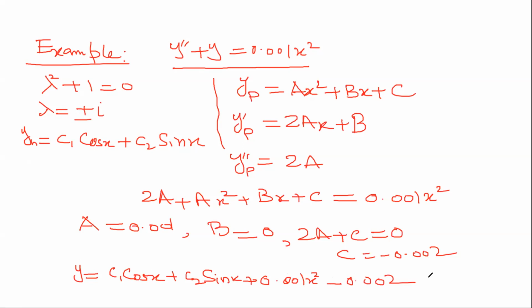So this will be the general solution of this given non-homogeneous differential equation. And if there are any initial value conditions available for us, then we can determine the values of C1 and C2 as well.